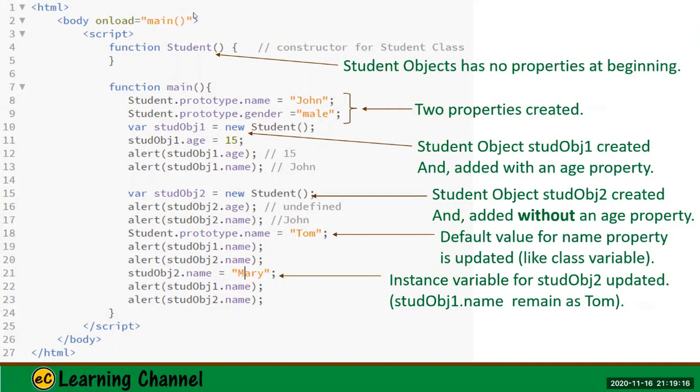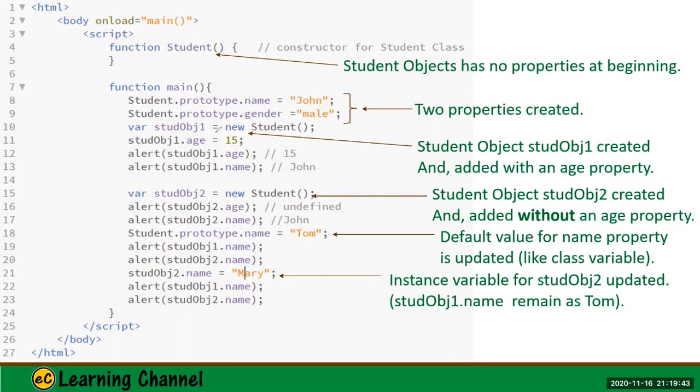So initially we declare a function, right? And this function is nothing, just a function and nothing. And then because every function has a prototype, I say my student's prototype's name and gender will be this and this. Is that okay?